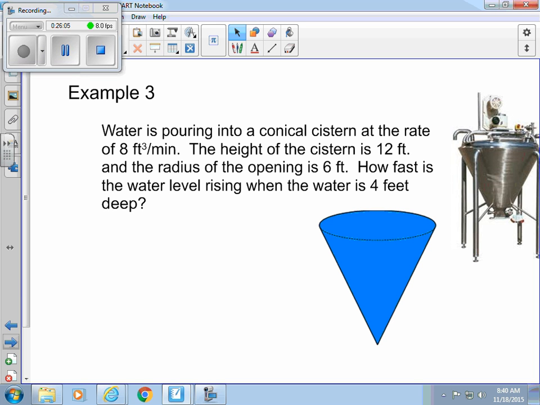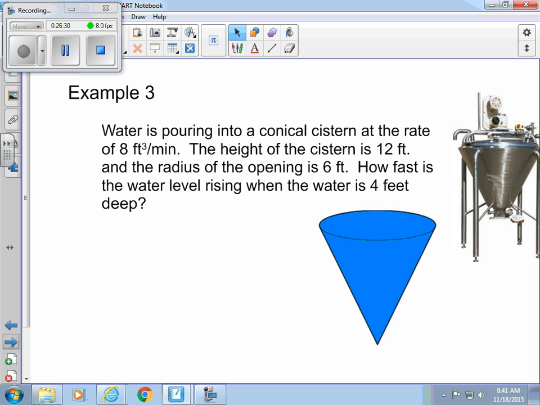A few years ago, one of my students said, "They don't make tanks that are in the shape of cones, Miss King." So I went and found a picture of one, just in case. Kind of functions as a funnel.